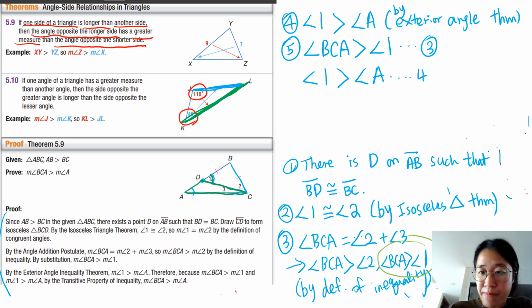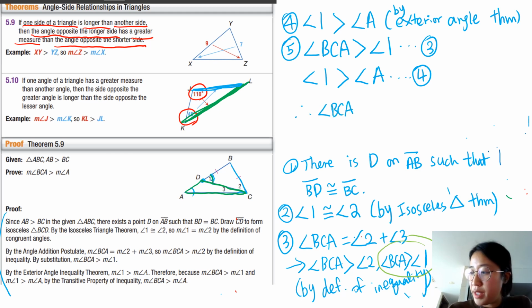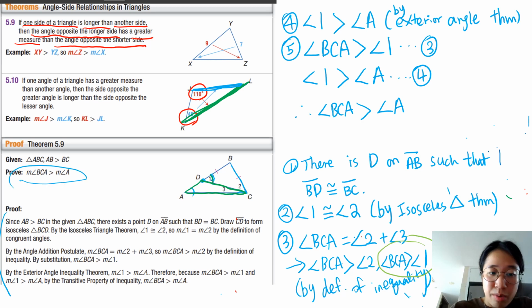That was from number 4. So what can we say? Angle BCA is also greater than angle A. Okay, because BCA is greater than 1, 1 is greater than A, so BCA should be greater than angle A. So yes, now we proved it.